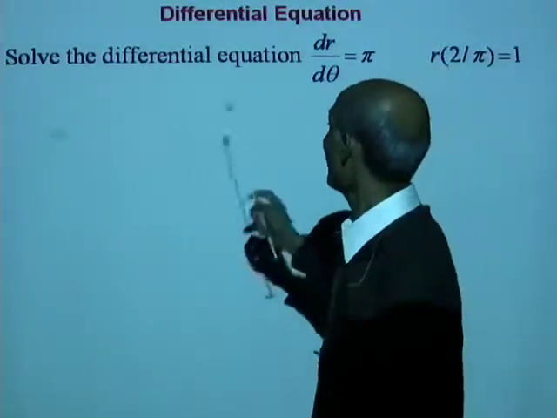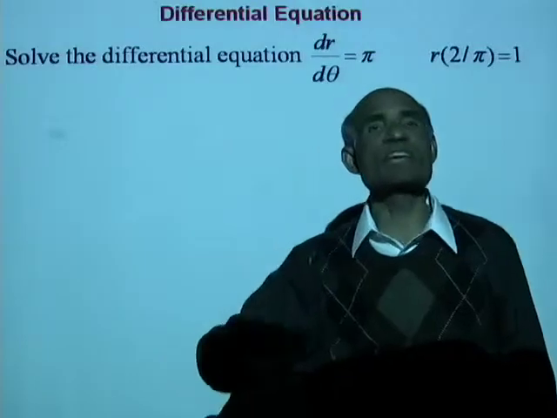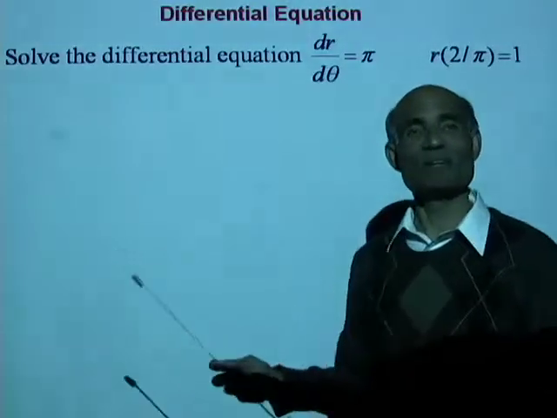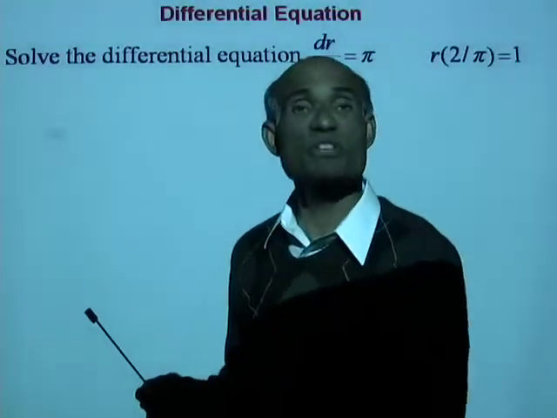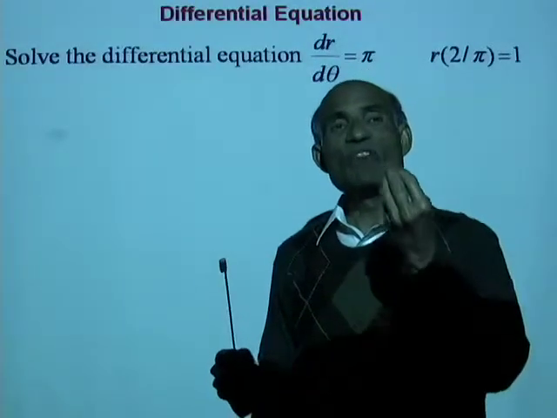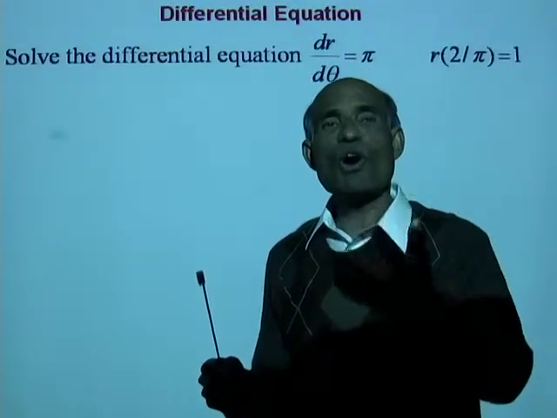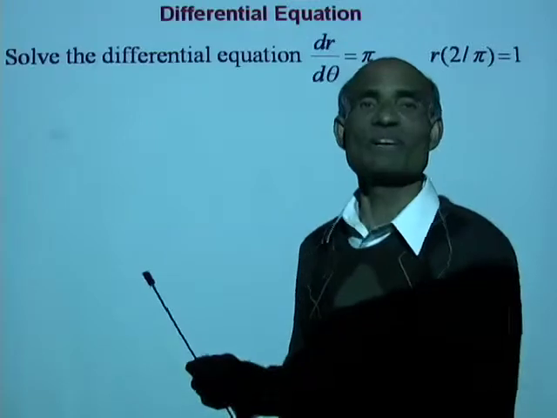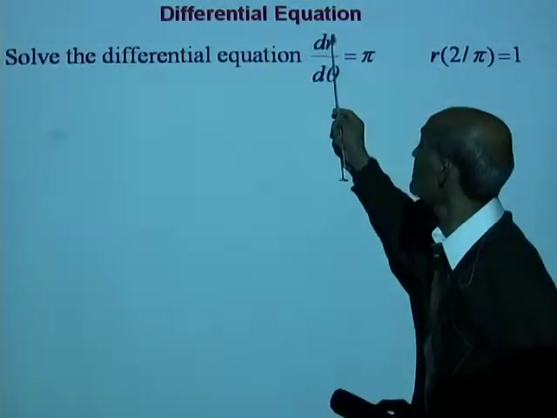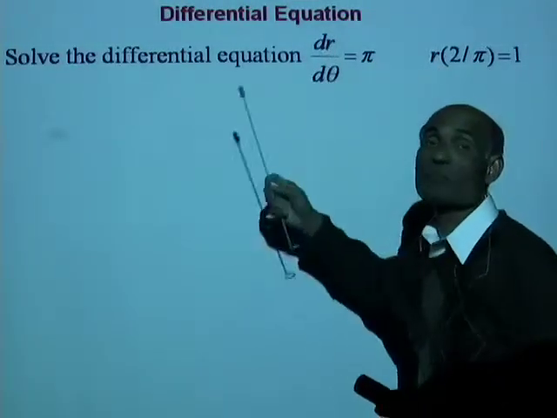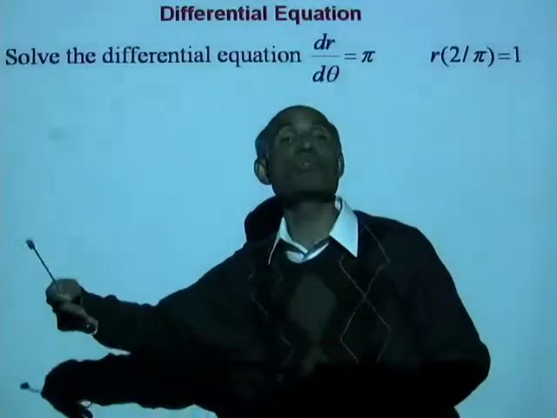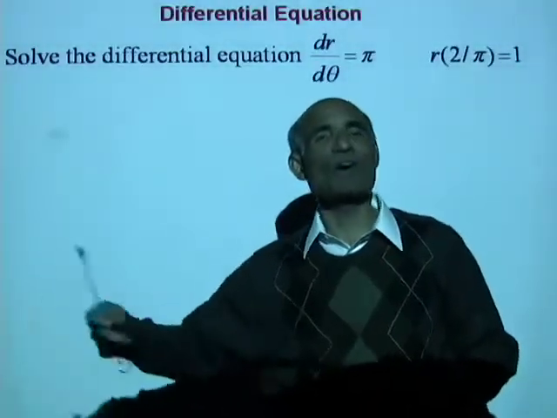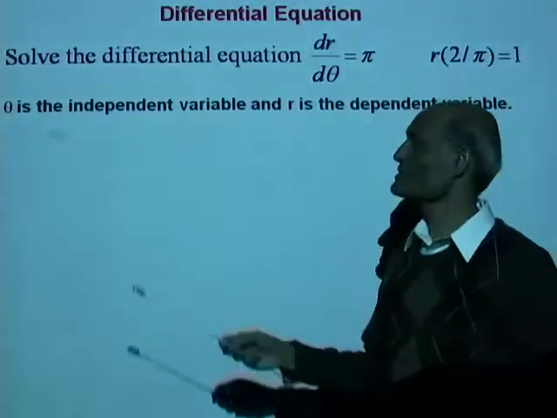Now tell me, what is the meaning of solving a differential equation? The meaning of solving a differential equation is finding the form of the dependent variable. In other words, here the dependent variable is r. That means we need to solve for r. That's the meaning of solving a differential equation.